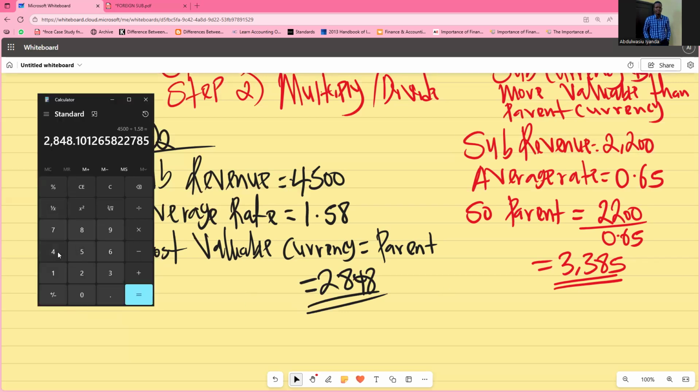Let's say you multiply first, 4.5 multiplied by 1.58. No, you'll be having a higher figure, you can see you're having 7,000 stuff now. So it means it is wrong, because the parent currency is more valuable than the subsidiary. Whatever the subsidiary is bringing, by the time you convert it to the parent currency, is going to be a lower amount. That is how you should be able to pick something.